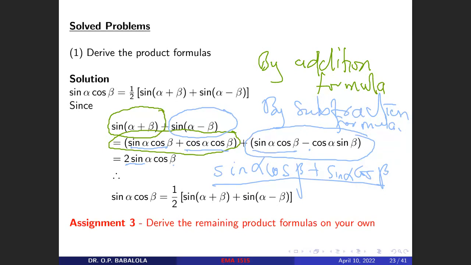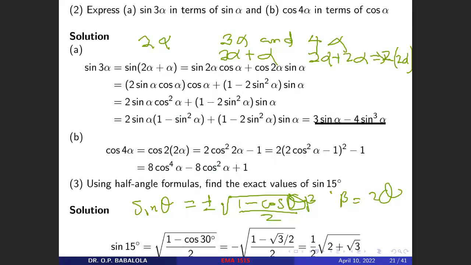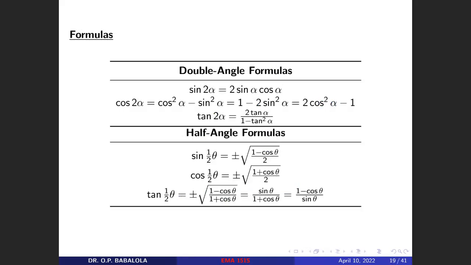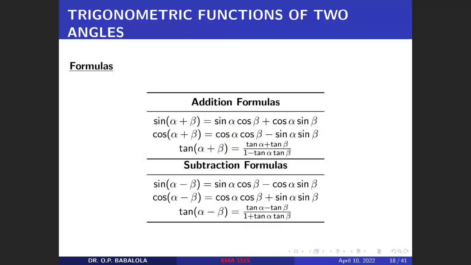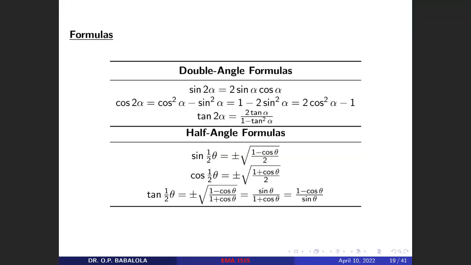Let's go back. I want to go back to the formula we used initially. Okay, it's this one. Where is it? We're considering this part, right? Subtraction. Sine alpha cos beta, cos alpha sine beta.